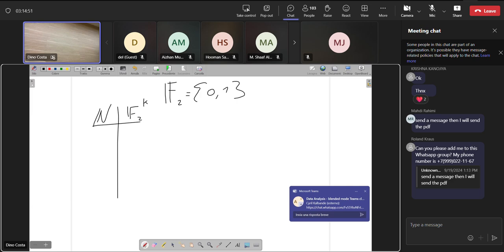Professor, we are completely crazy, every time a new notation. Pay attention, this is a notation that we already defined, because it is the Cartesian product of F2 times F2 times F2 times dot dot dot times F2, k times.